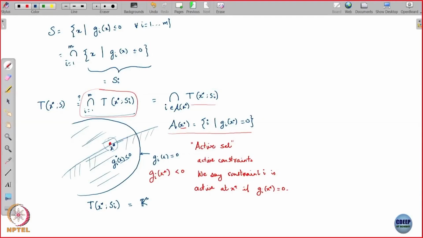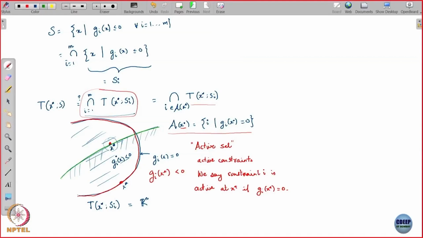But if I change my point x star to this point here, this constraint will now become active. My earlier one, which was not active, will now become active, whereas the green one will not be active anymore. So which constraints are active really depends on the point x star.